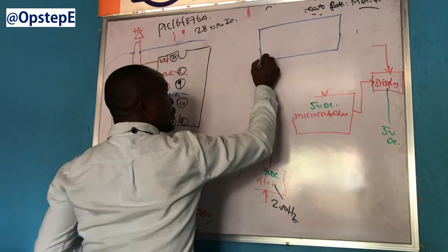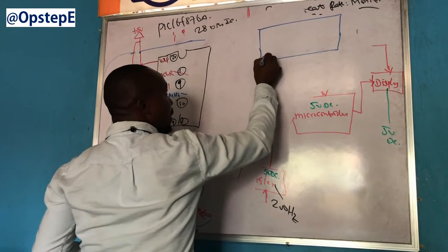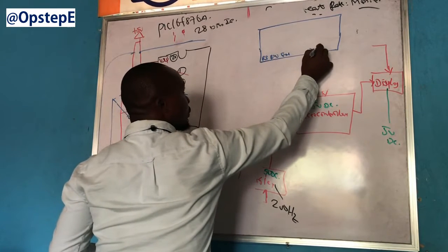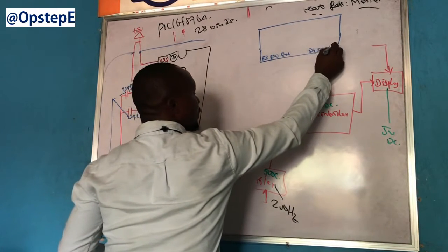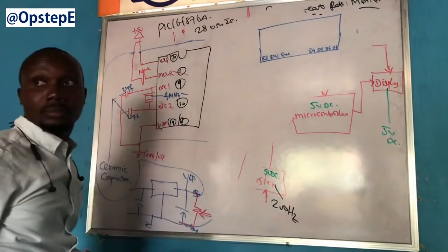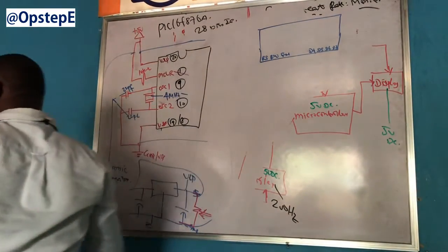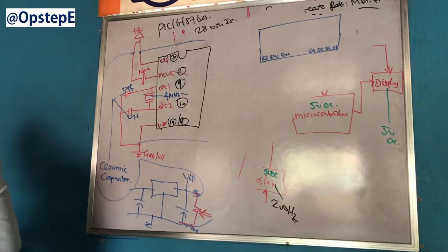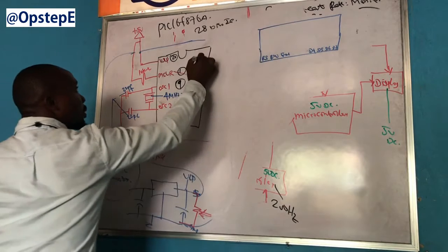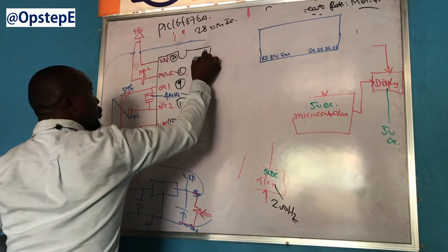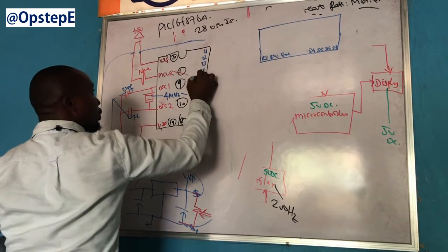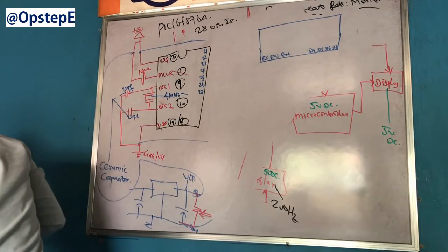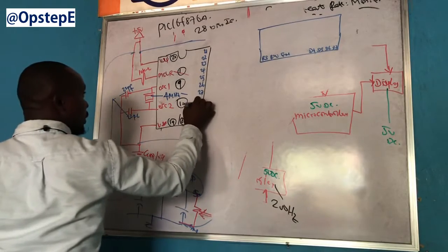Look at this now. So we are left with what? RS, RW, E, D4, D5, D6, D7. They are connected to the controller. Now they are connected in such a way that you have pin 21, 22, 23, 24, 25, 26, 27, and then 28.